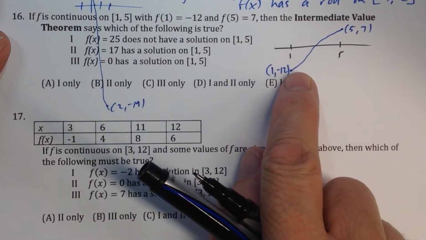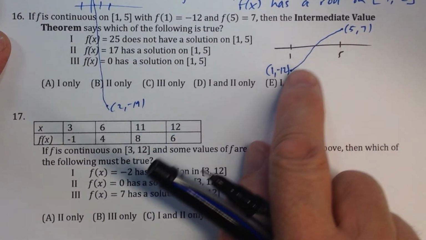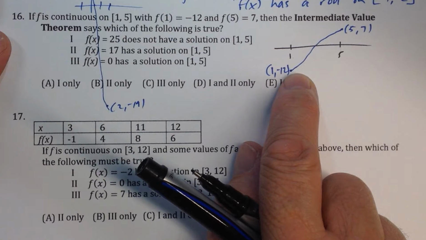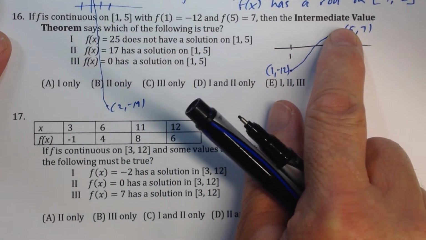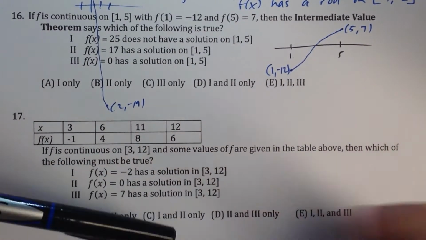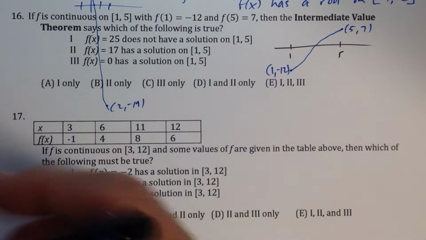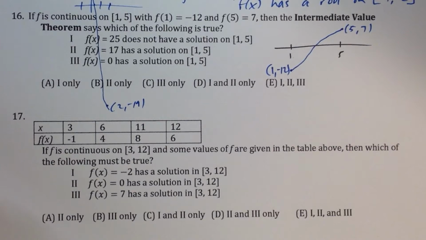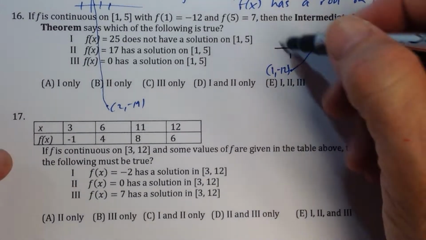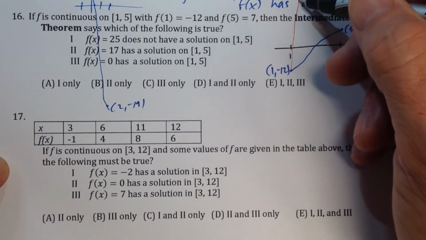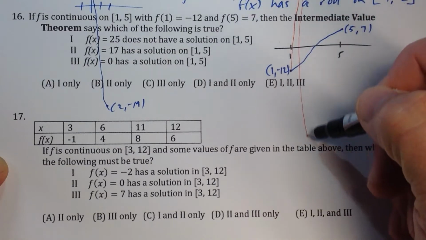So for a function to be continuous on that closed interval, you have to be able to get from 1, negative 12, to 5, 7. Now, it might go way down. Let me write it like this. The function's graph could go way up here as far as you can go, and then way down here. It could go like that.